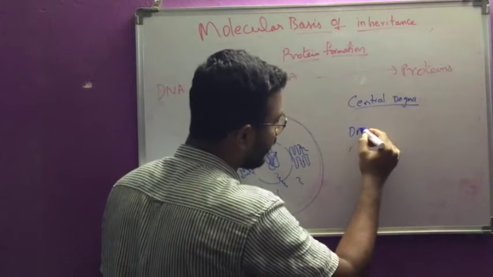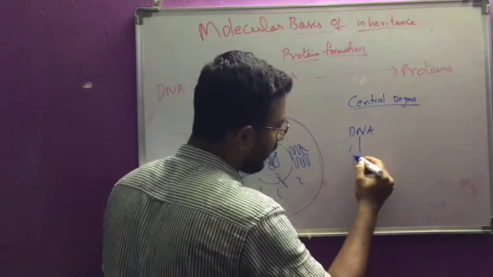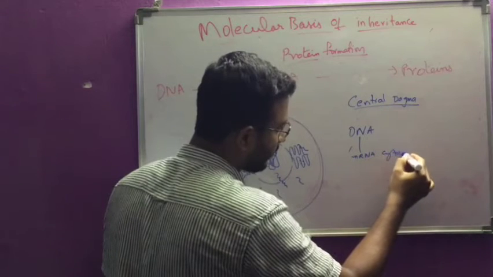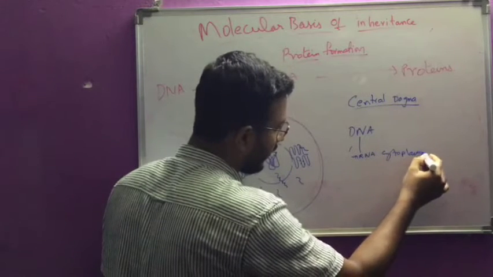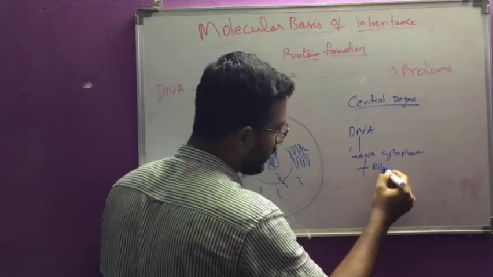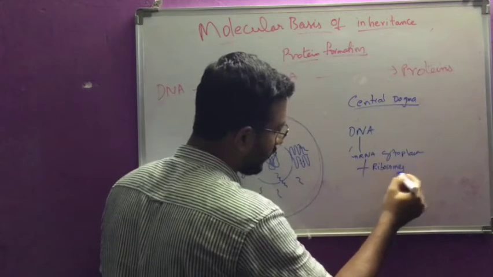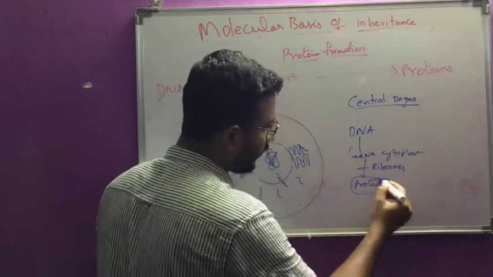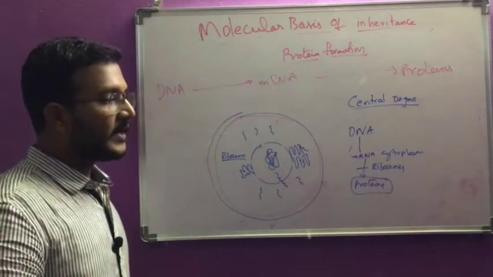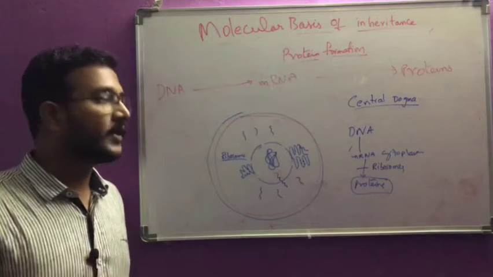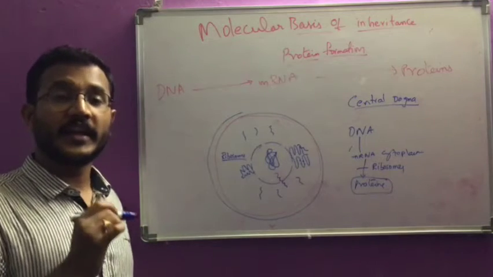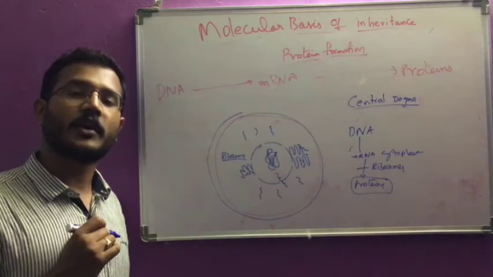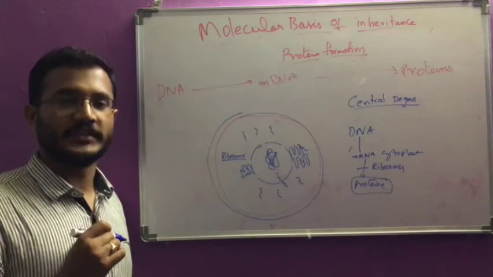So from DNA, mRNA will be sent to the cytoplasm, and in the cytoplasm, with the help of ribosomes, proteins will be formed. So ultimately, DNA is depending upon RNA for the manufacturing of proteins.